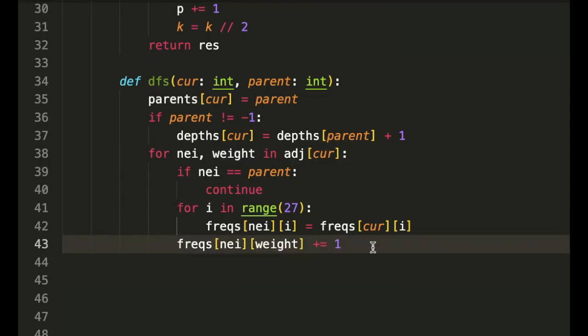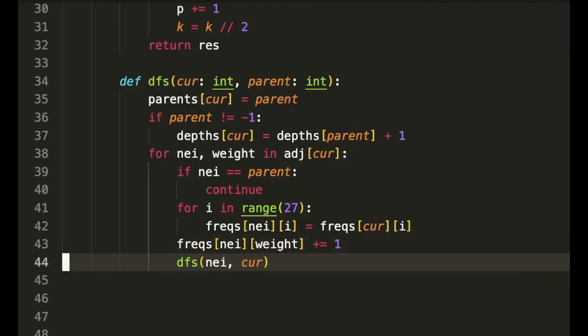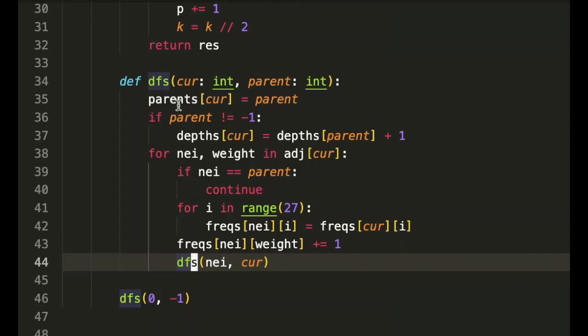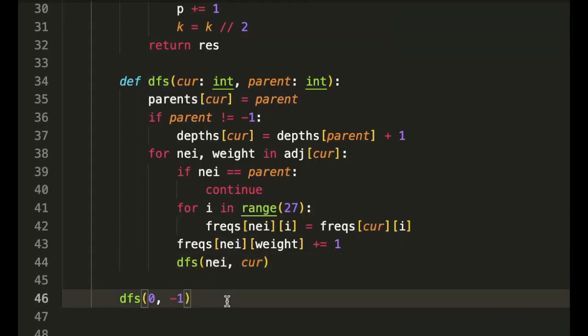That's how the frequency of the neighbor is calculated. And then we're going to recursively visit the neighbor with the parent set as current. We start at root 0 with a parent of negative. After doing that, all the frequencies, depths, and parents will be calculated.